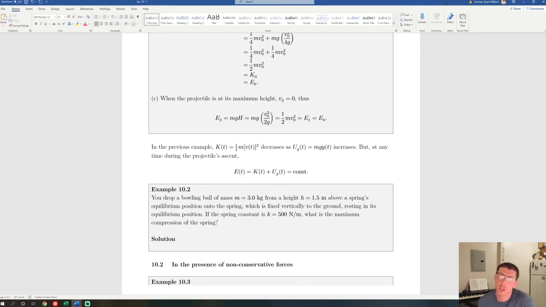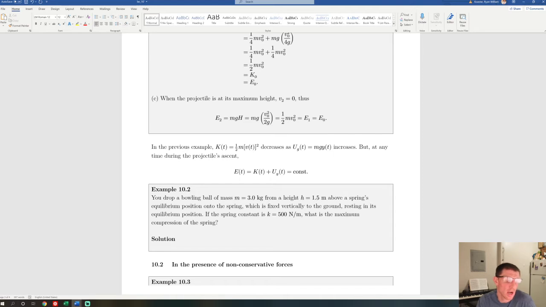Before the bowling ball hits the top of the spring, maybe we can imagine there's a little platform on top of the spring, the spring is at rest in its equilibrium position. So there's no elastic potential energy associated with it initially. If the spring constant is k equals 500 newtons per meter, what is the maximum compression of the spring?